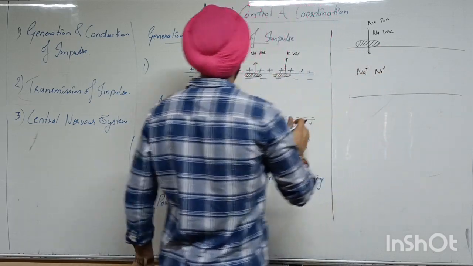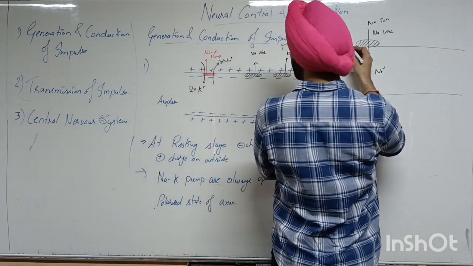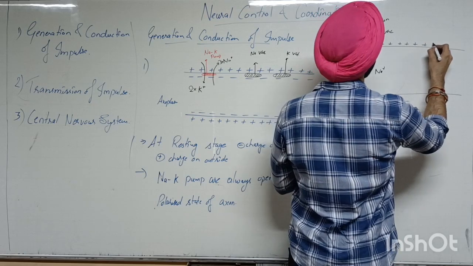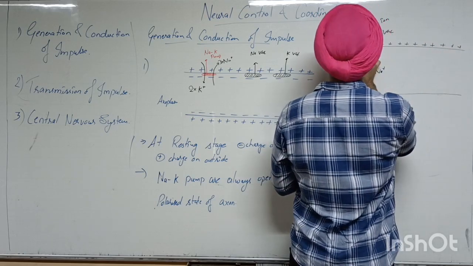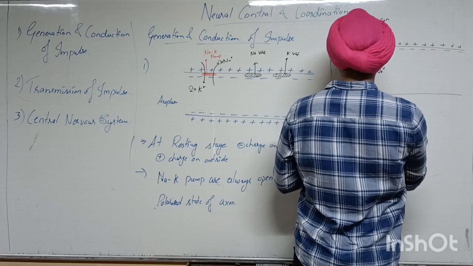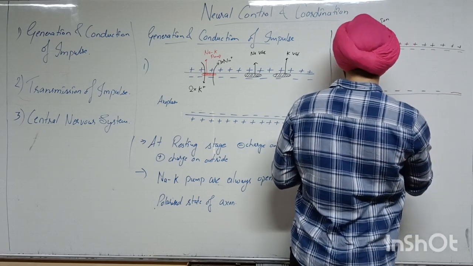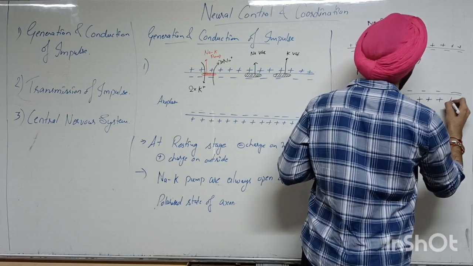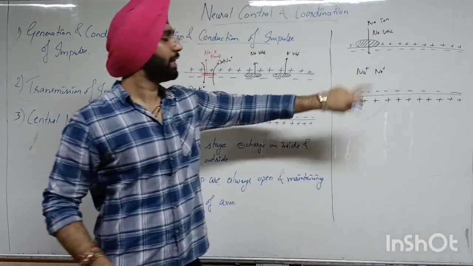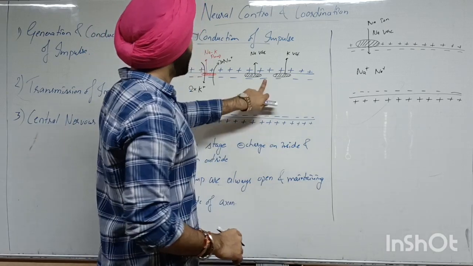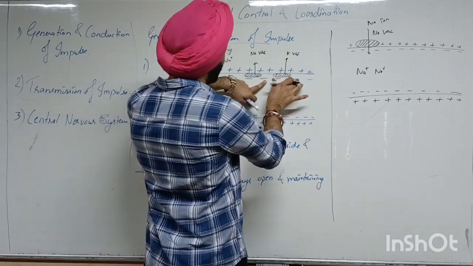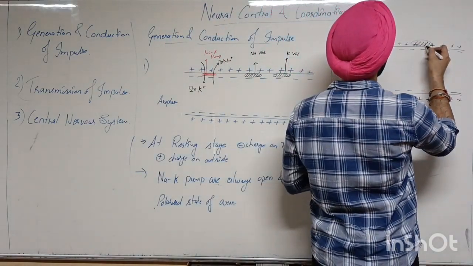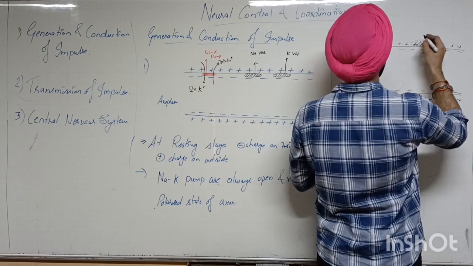So the thing is, now let me just draw positive. So now this is your axon, and the sodium voltage gated channel is influxing a lot of sodium ions inside, and there is also another one, this is the potassium VGC channel, which is outfluxing potassium.